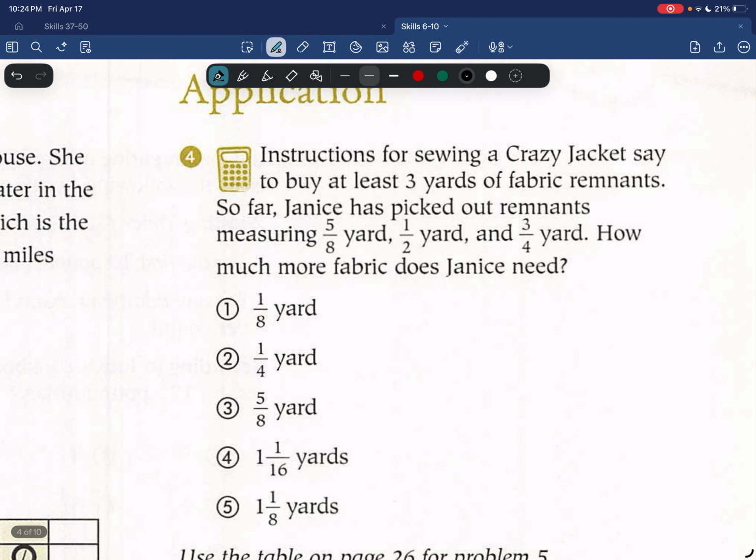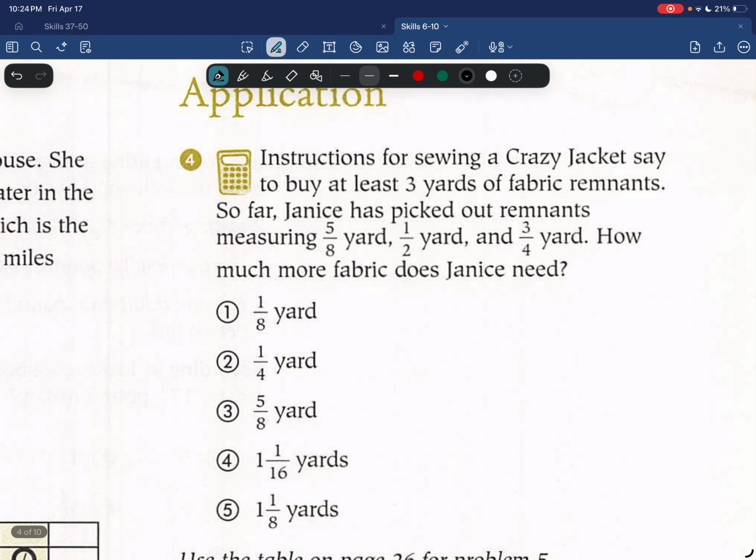Application, and you may use your calculator. I always love to see these. Instructions for sewing a crazy jacket say to buy at least 3 yards of fabric remnants. And a crazy jacket is one of those where you take all these scraps of fabric and you make them into a piece that you can sew a jacket from, or any piece of clothing.